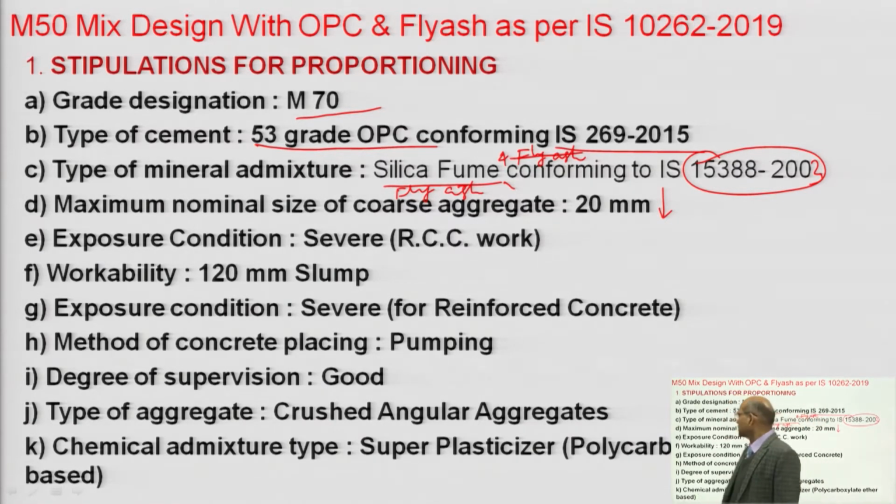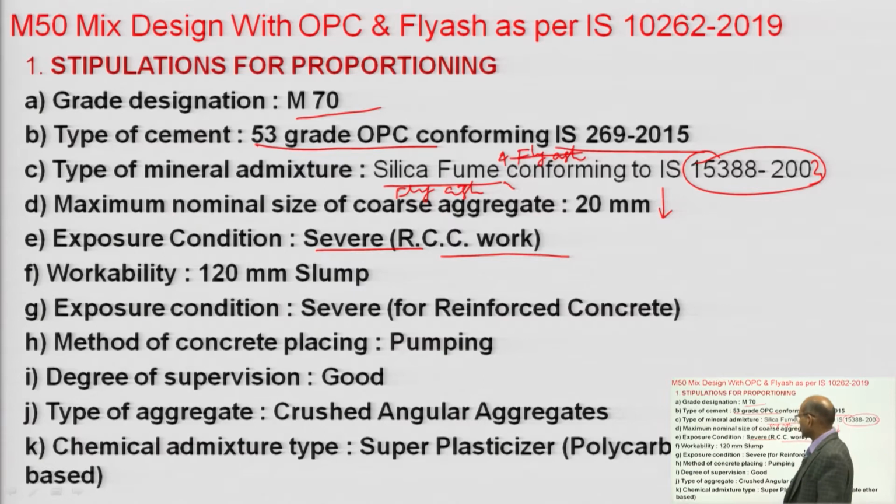The exposure condition for durability requirement is severe, and that is not for plain cement concrete, but it is for RCC work. That condition you have to see in IS 456 Table 5, which gives the specification for severe exposure condition. Workability is 120 mm slump value.